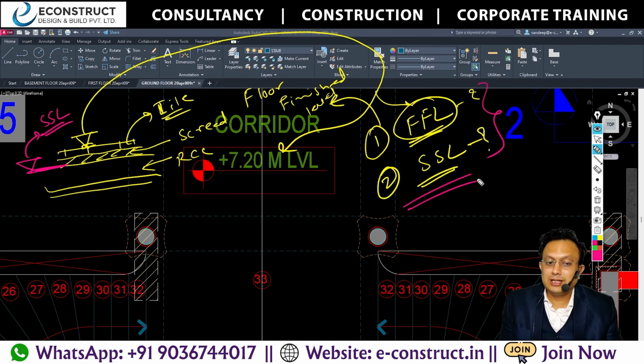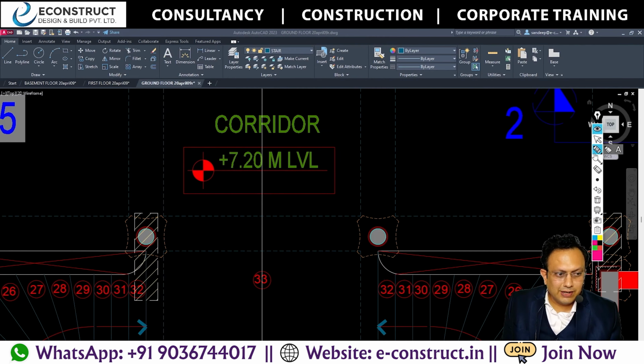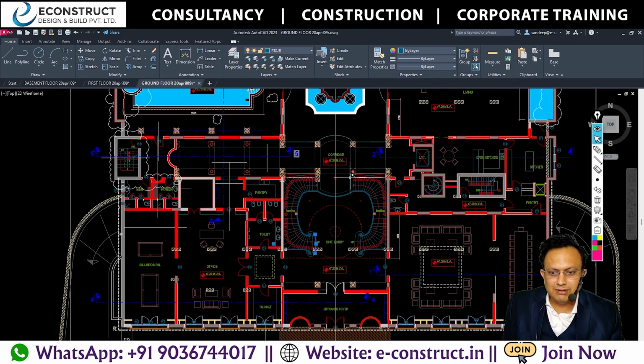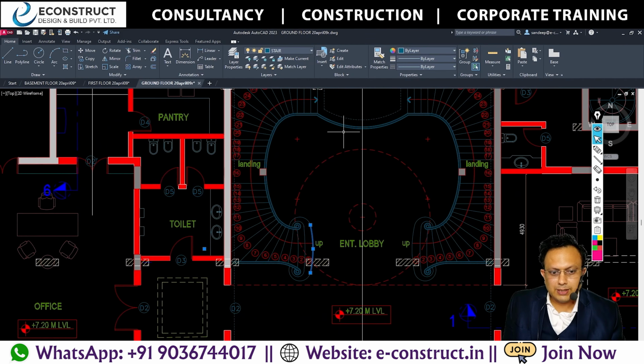But from the structural designing point of view, you need these two levels. Otherwise, if the levels are not given, we assume certain levels. But assumption creates problems later on, so that has to be avoided. This is definitely required, particularly in projects where so many different levels and steps are there.